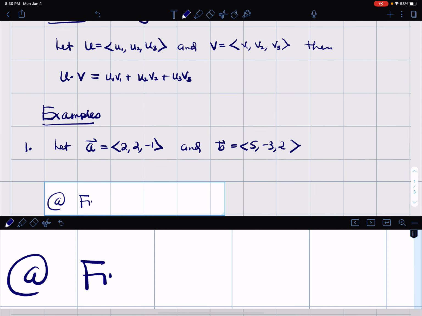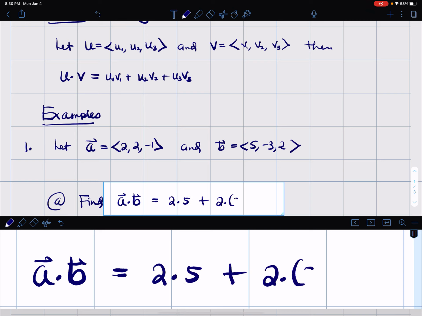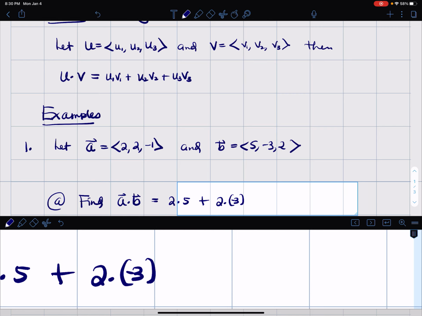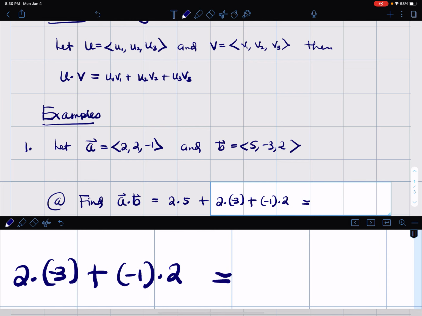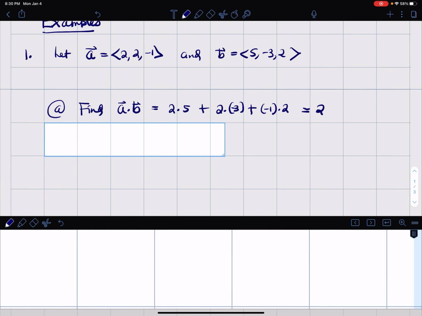Let's find the dot product A dot B. A dot B is equal to 2 times 5 plus 2 times negative 3. I hope you're following. Plus negative 1 times 2. So this is going to give us 2. I want you to check my answer.